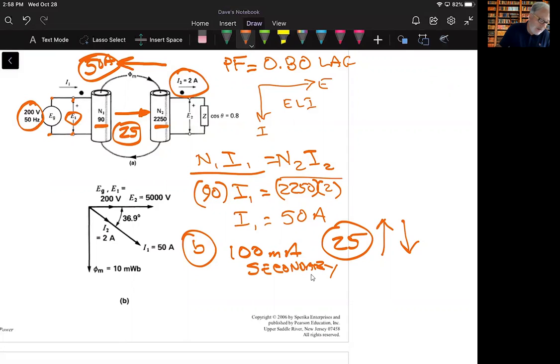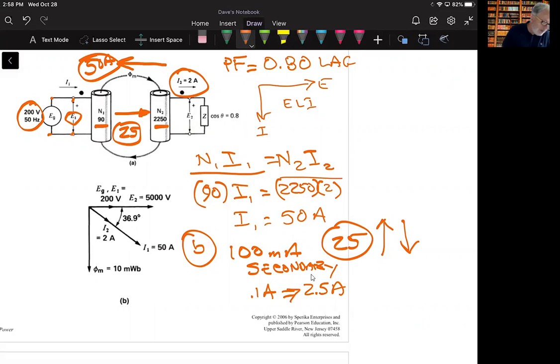That relationship is always there. He rewrites this as 0.1 amps, and so the primary current is going to be 25 times that, or 2.5 amps. That's simple enough, and I think that's just a basic understanding of how the transformer works.